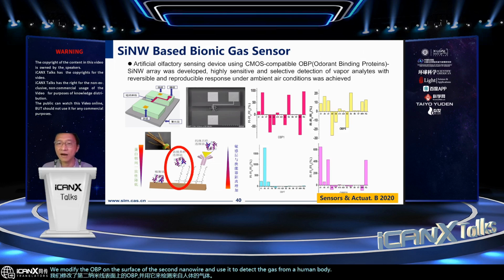And you can find with different OBPs, from OBP1, OBP5, OBP7, and OBP20, there are different responses to the different gases.